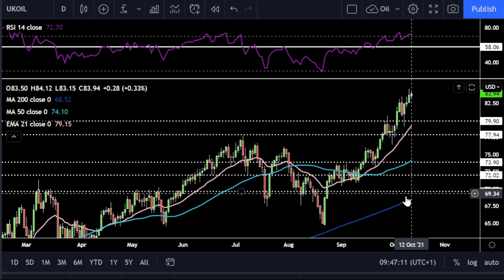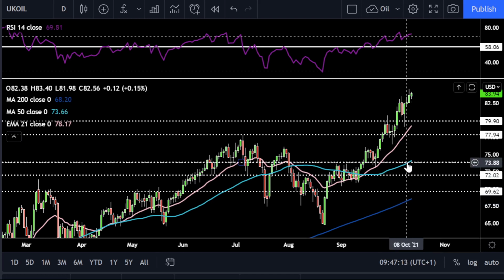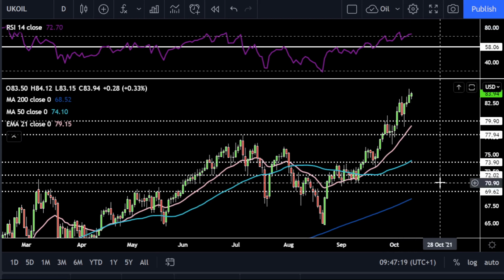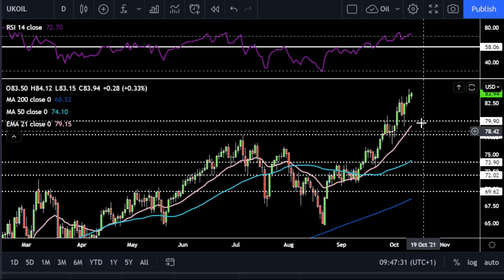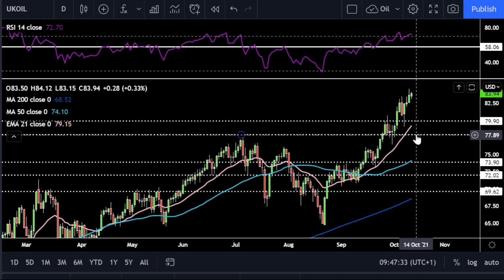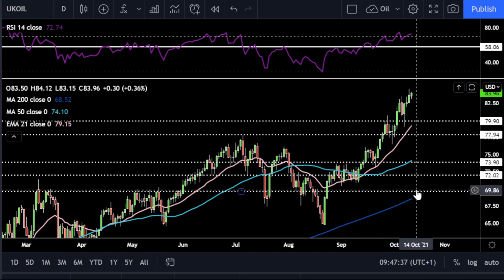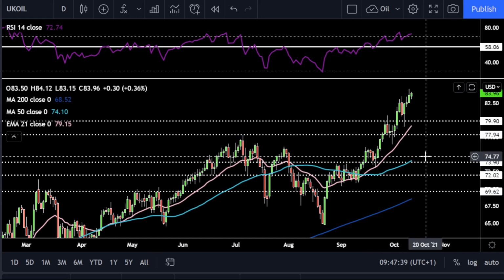Price is stretched quite far beyond its 200-day and 50-day simple moving averages, as well as being in overbought territory on the RSI. Could we see some mean reversion here? Potentially. Targets wise for the bulls, $85 would be the target to get to, and on the downside, $80. And below there, around $78, which is a tad below the 21-day exponential moving average. Those would be the levels I'd be watching.